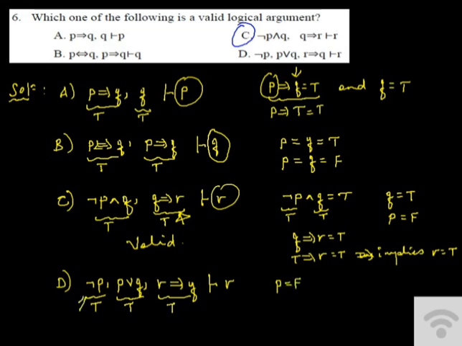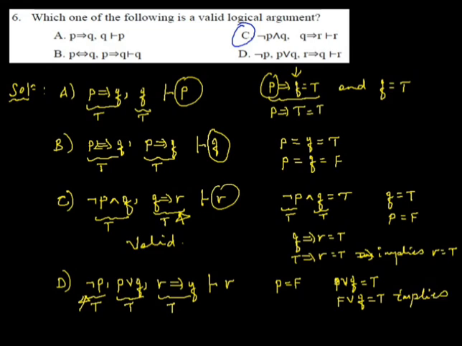If P is false, let us see P or Q. False or Q will be true whenever Q is true.